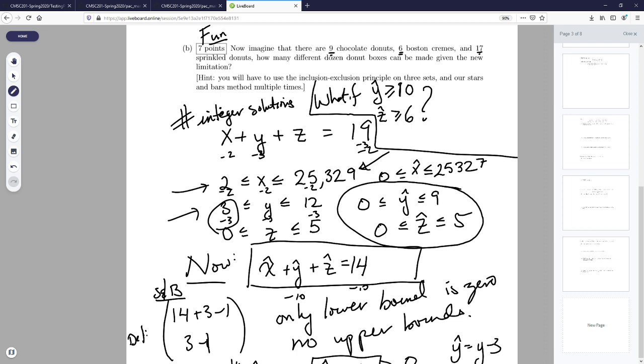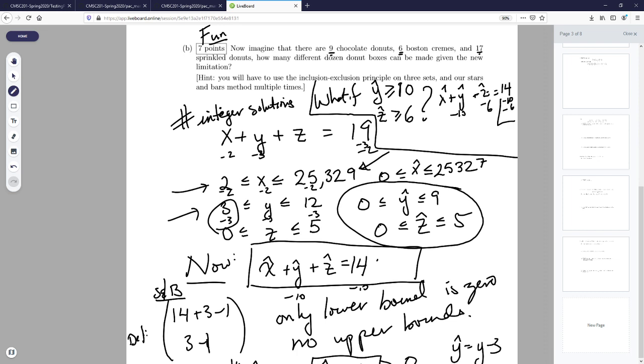well, here's our equation. X hat plus y hat plus z hat is equal to 14. Given this equation, if we did both of these at the same time, we'd say x hat plus y hat minus 10 plus z hat minus 6 is equal to 14 minus 10 minus 6.